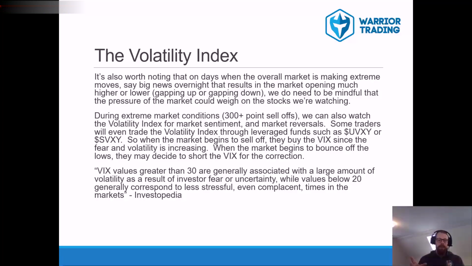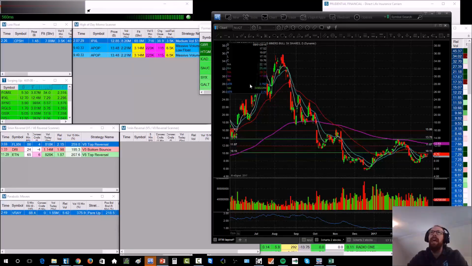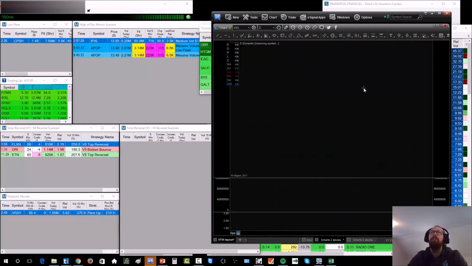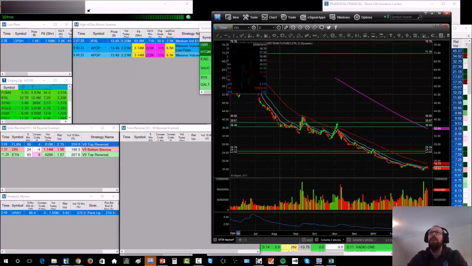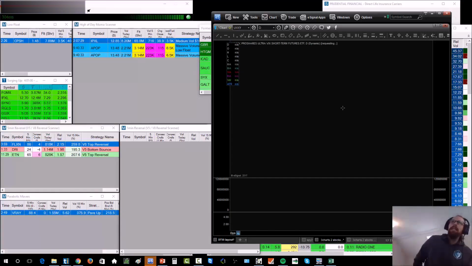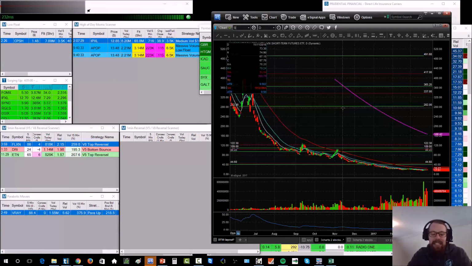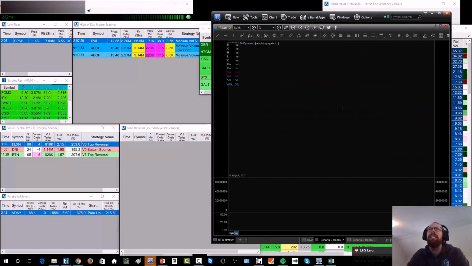Interestingly, you can trade inverses, where you have the VIX and then the VIX inverse. When the VIX goes down, UVXY goes down too. So this is VIX, UVXY is the same as VIX, and SVXY is the inverse of the VIX.